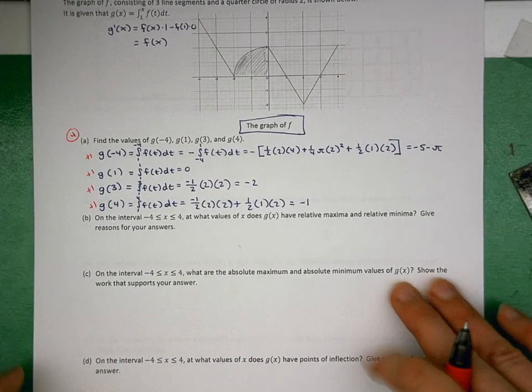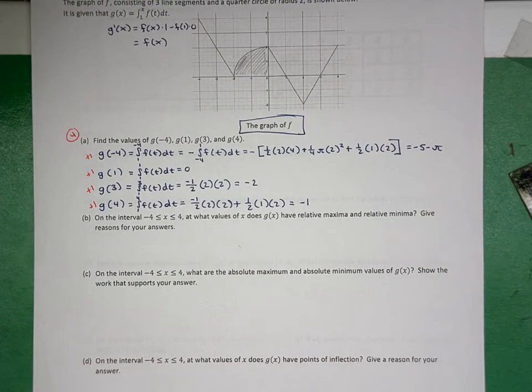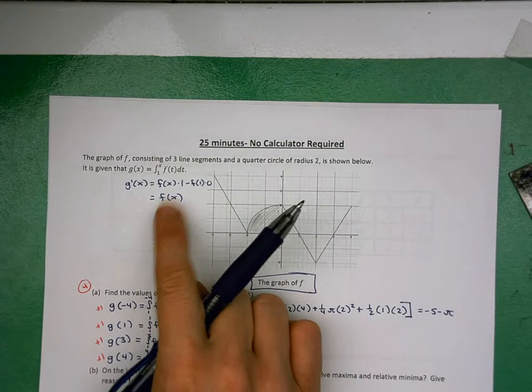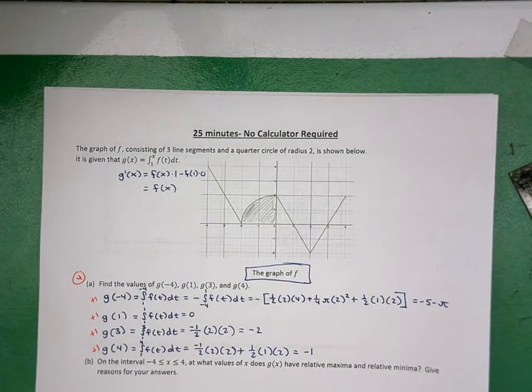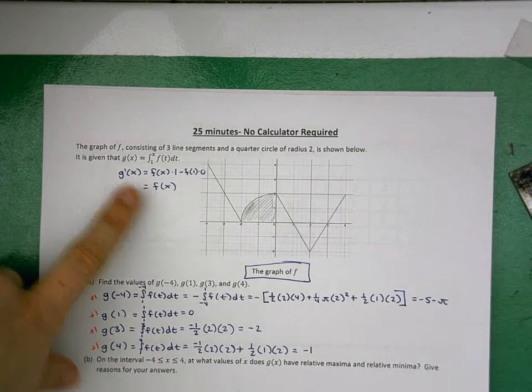Okay. Part B, on the interval -4 to 4, at what values does g of x have a relative maxima or relative minima? Give reasons for your answer. Woohoo! This is what I had kind of prepared for up above here already. Which is to find a relative maxima or relative minima, we do need a first derivative of g here.